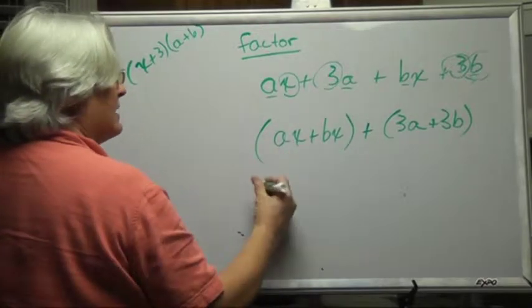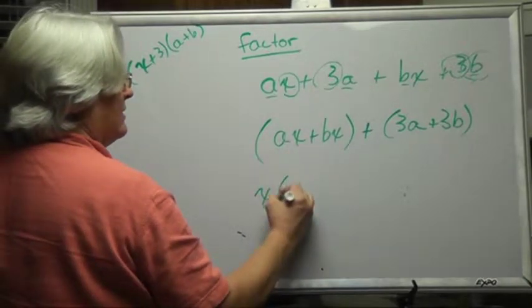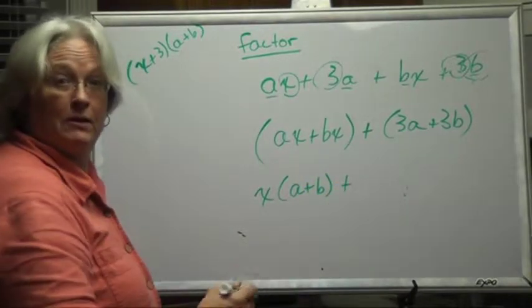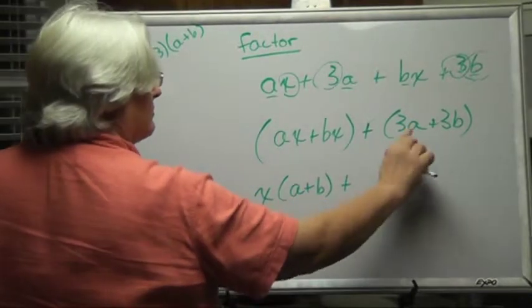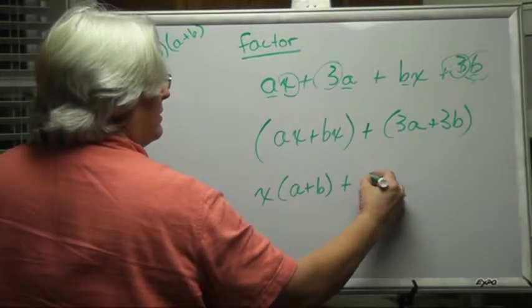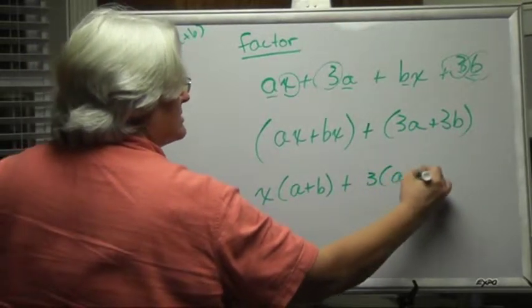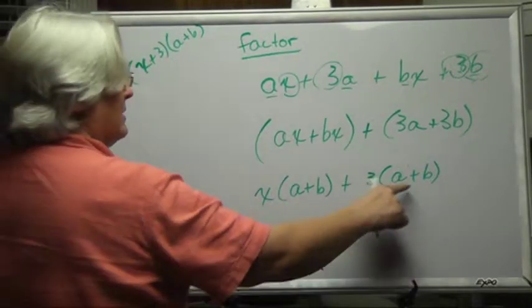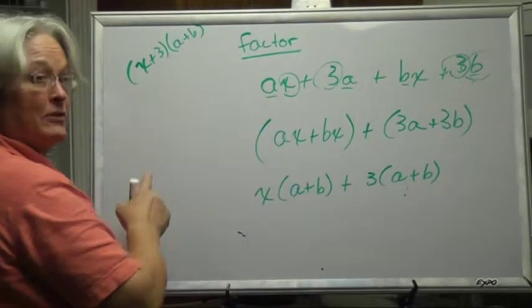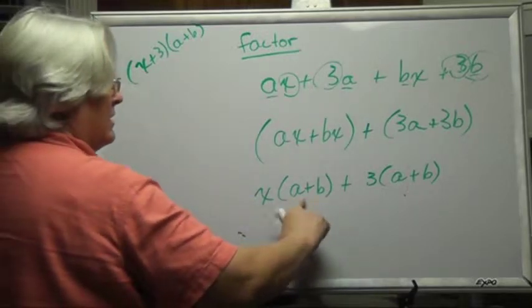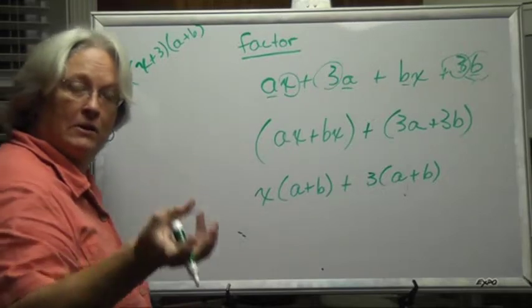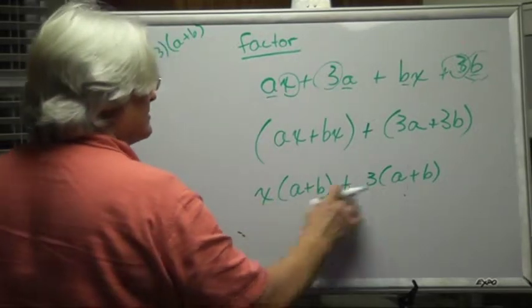I factor out the X. What do I have left? A plus B. Plus, what do I factor out here? Factor out the 3. Remaining inside the parentheses, I have A plus B. When we did it the first time, the factor that we had in common enclosed within the parentheses was X plus 3.